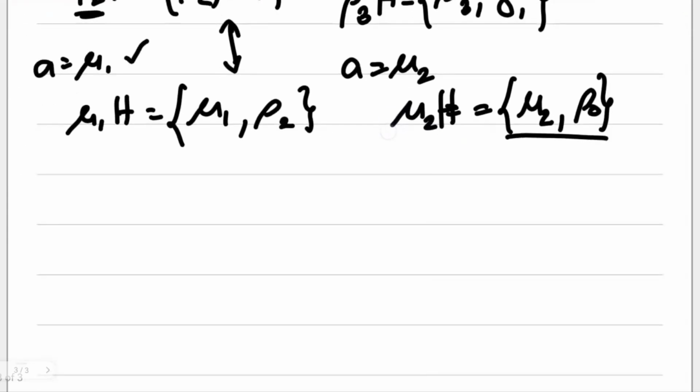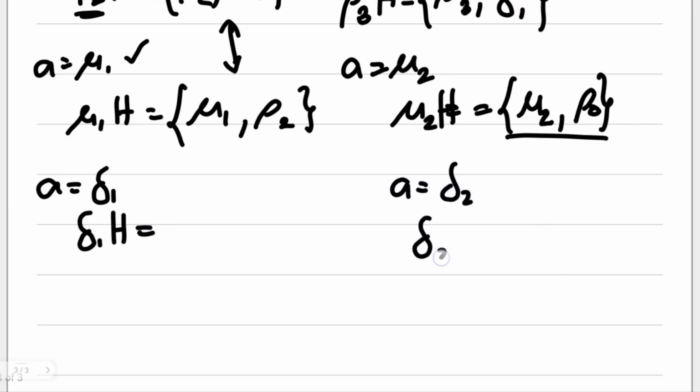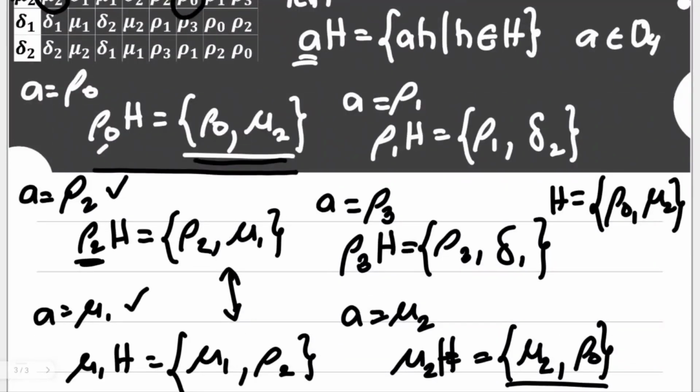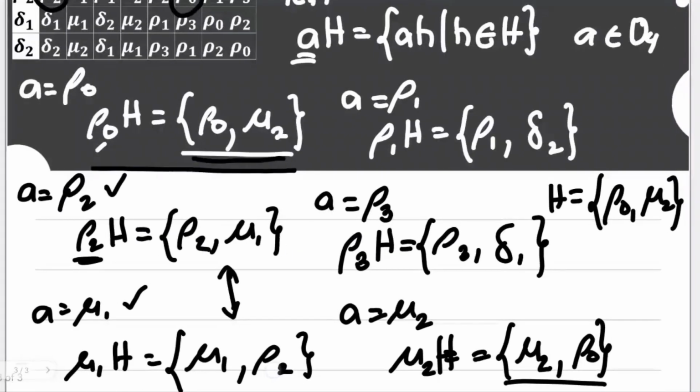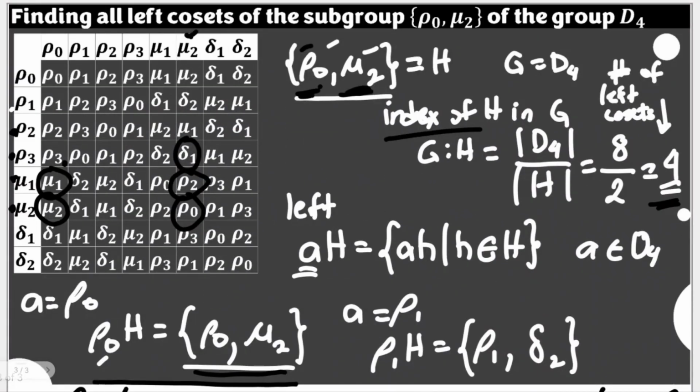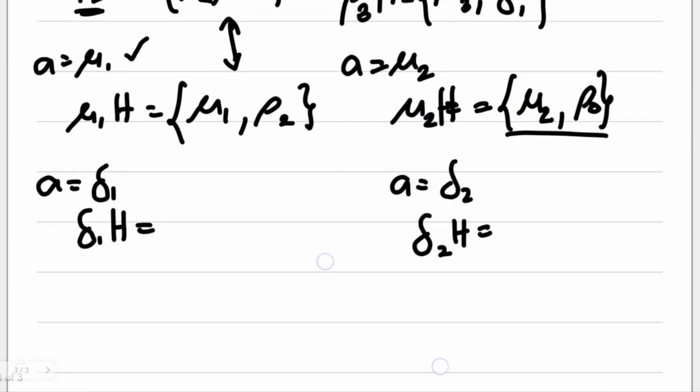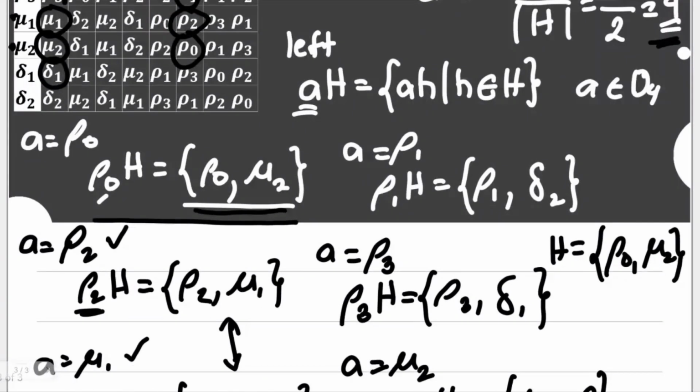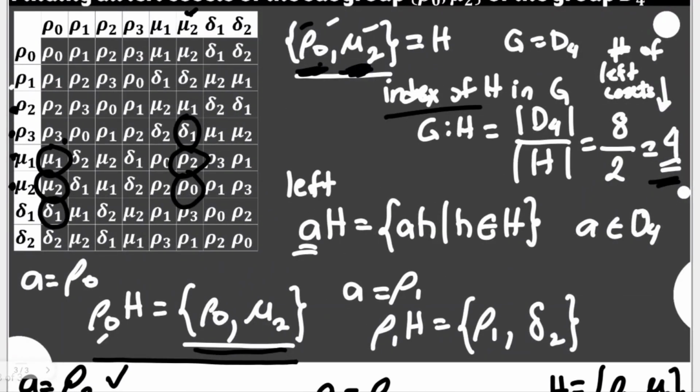If we are going to use the deltas, delta sub 1, that means delta sub 1 H. And if your A is delta sub 2, that means delta sub 2 H. We would see that these would also be the same as the previous left cosets. Let's start with delta sub 1. Delta sub 1 operated with the first element of our H is delta sub 1. And delta sub 1 operated with the second element of our H, mu sub 2, here we have rho sub 3.